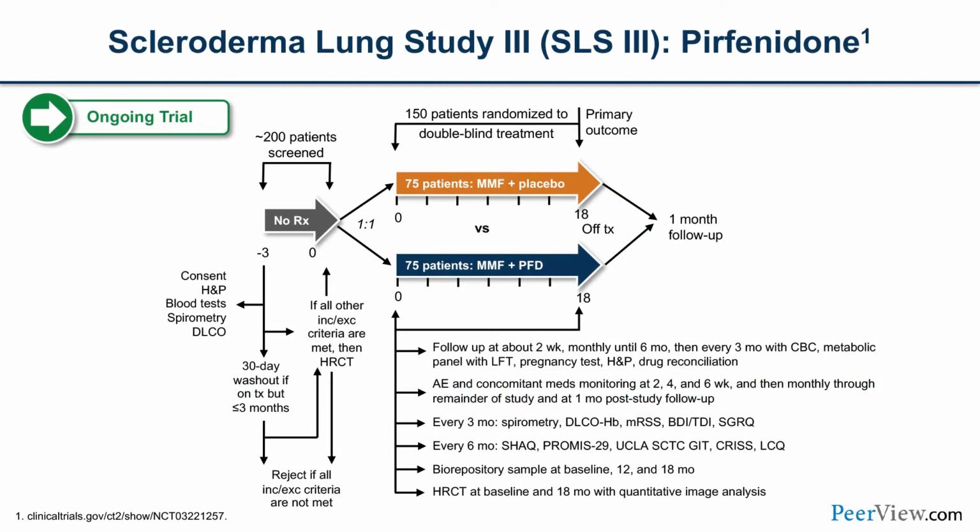So that ultimately resulted in FDA approval, showing that tocilizumab slowed the rate of decline by forced vital capacity and pulmonary function for systemic sclerosis-related ILD.